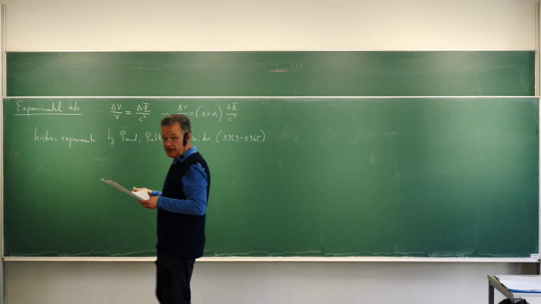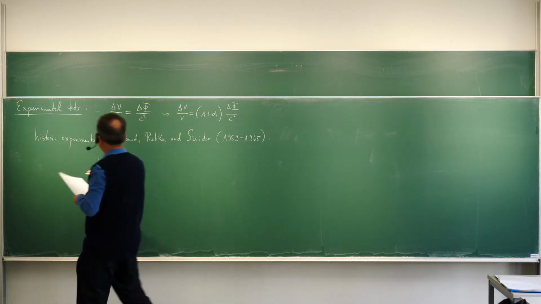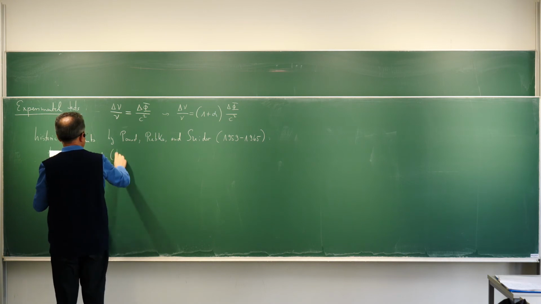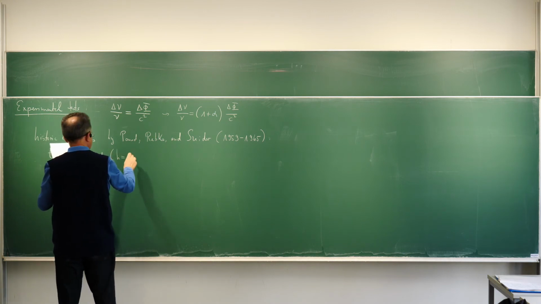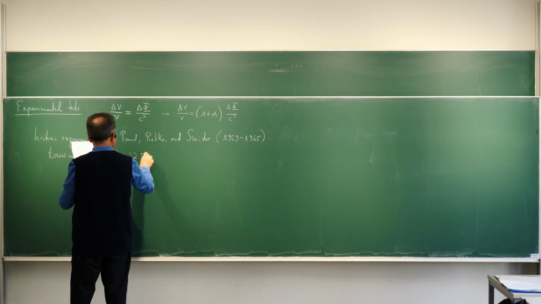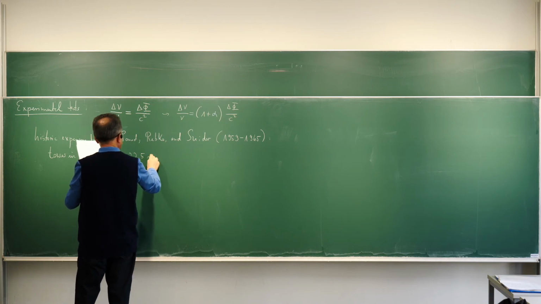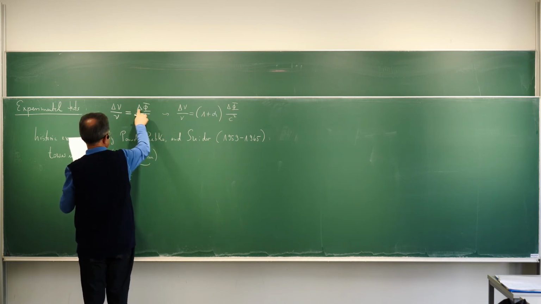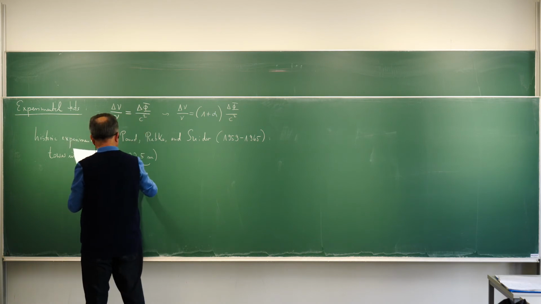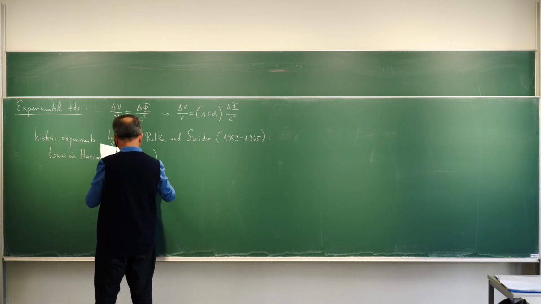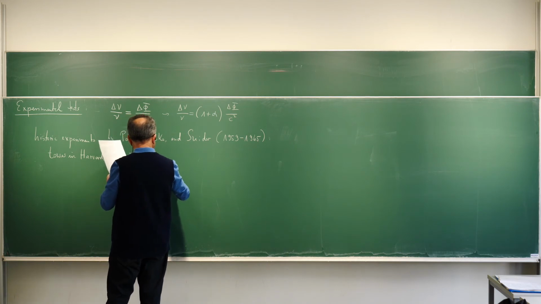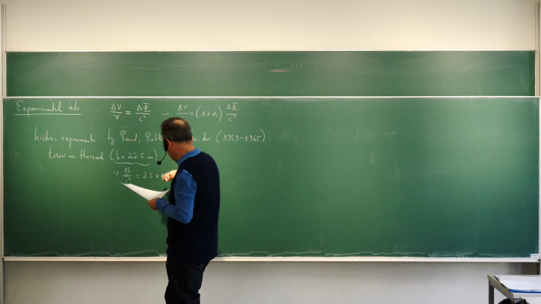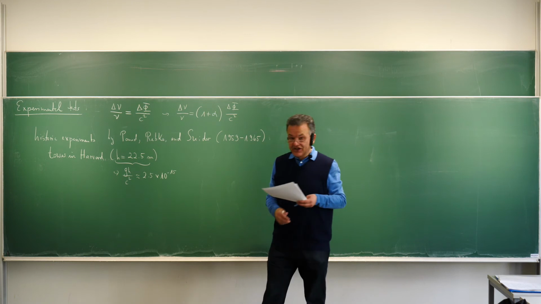They had a tower at Harvard which had in that case a height of 22.5 meters. So using this formula, you would get gH over c squared, that's gH here, of around 2.5 times 10 to the minus 15. So that would be really the relative change in frequency.